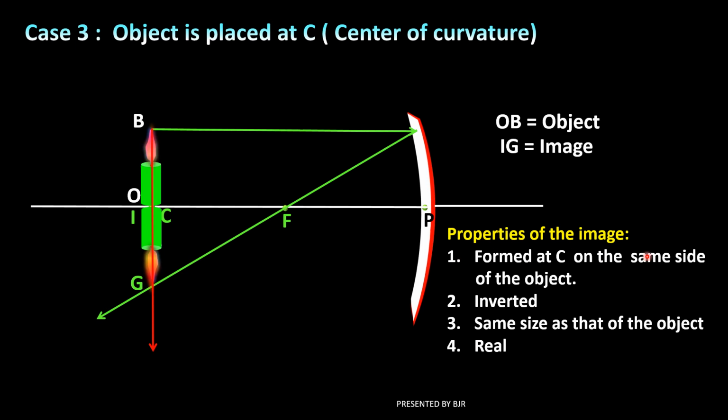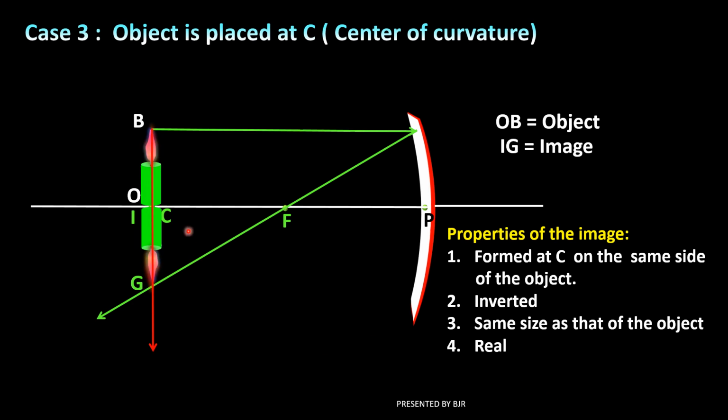Properties of the image. First we have to write its location where the image has been formed. In this case, image is formed at C on the same side of the object. That means when the object is placed at C, the image will be formed there itself. And it is the inverted image and same size as that of the object.